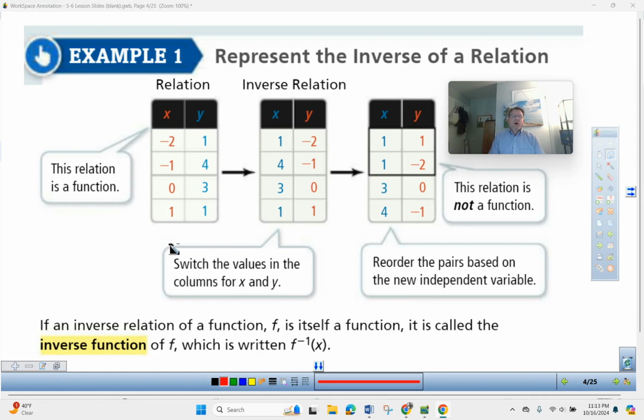So if we call this relation function f, and we do the inverse, and it turns out to be a function too, we're going to label this the inverse function of x. But is that okay to do? No, that's not okay to do because this was not a function. But if it was, that is how we would identify it.